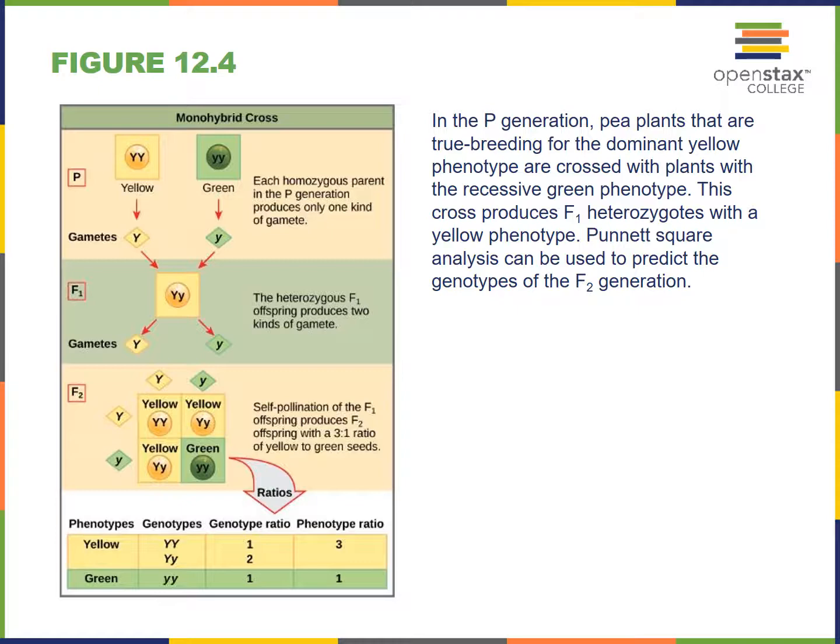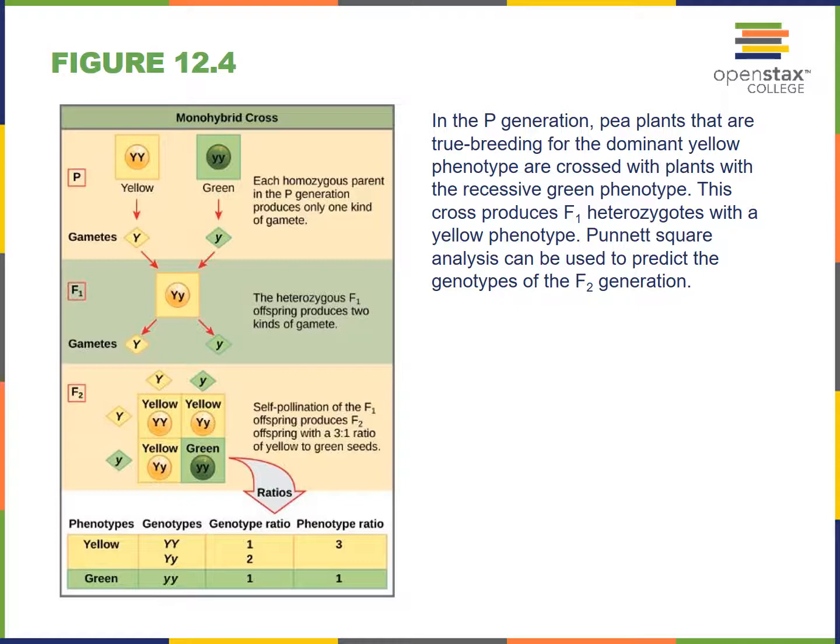And this is an actual description of the outward appearance. So words like tall versus dwarf, purple versus white flowers, yellow versus green seeds, round versus wrinkled seeds. So those are phenotypes.